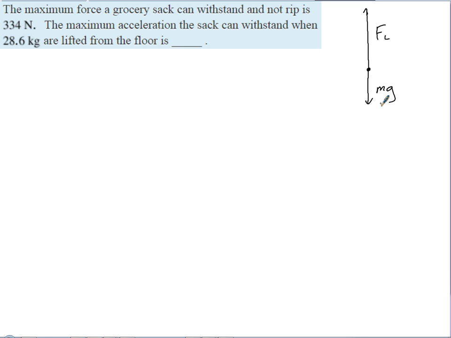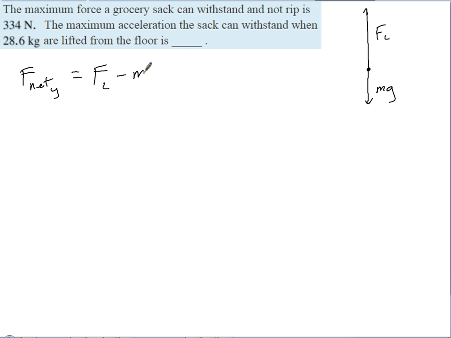So our net force in the y direction, because that's really all we have here, is what? Net force means the sum of all of the forces acting on the object, in this case vertically. So are there any positive forces acting on the object? The lifting force. Any negative forces?